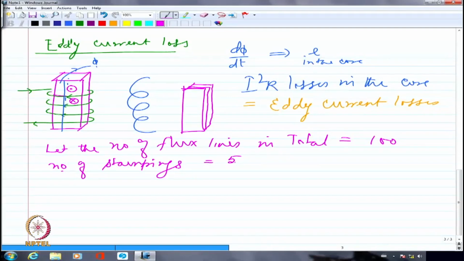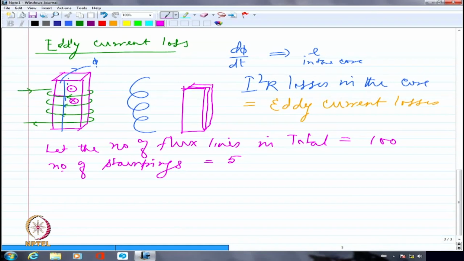So per stamping, I will have only 20 flux lines. So when I look at d phi by dt, obviously for every stamping, I am going to have reduced amount of voltage induced.